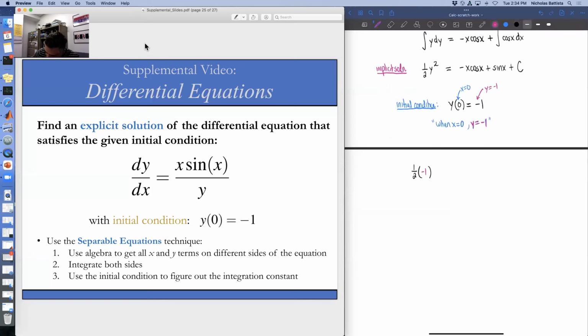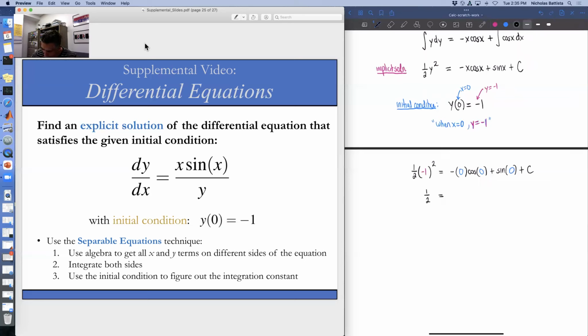So we have 1/2 times -1 squared equals, and anywhere there's an x, we can substitute in a 0. This left-hand side, we have 1/2 times -1 squared. That whole thing turns into just a positive 1/2.